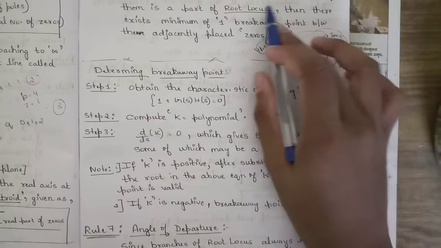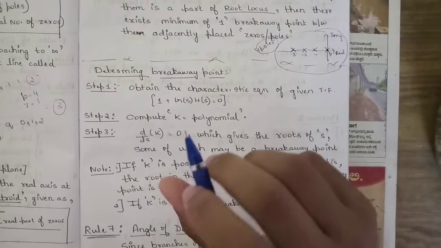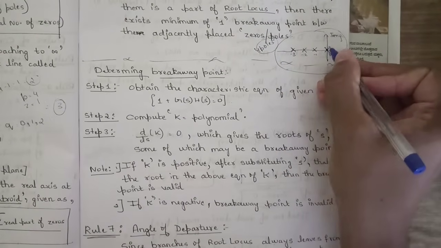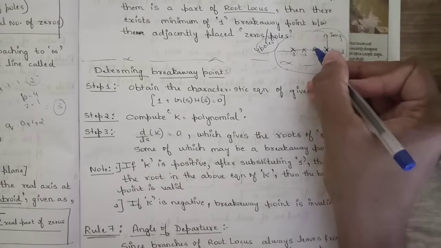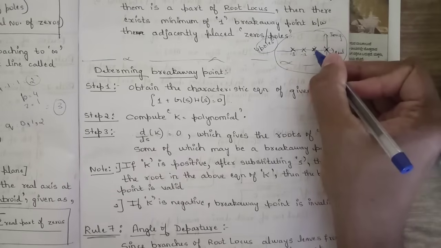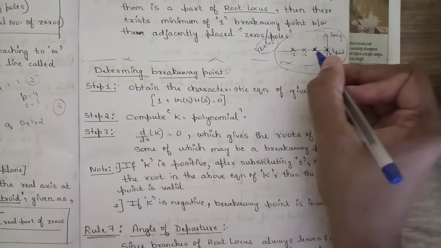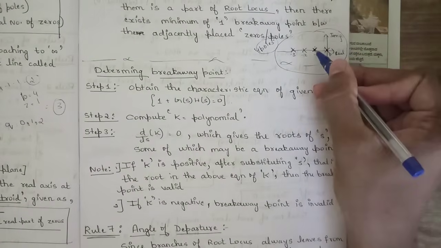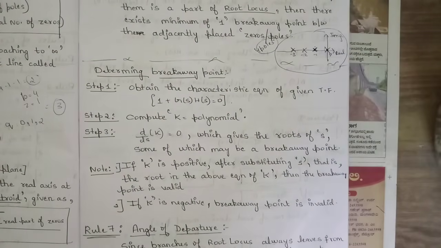Now, how do we check the section that is part of the root locus? From here we have one pole at 0, and from minus 1 I have drawn the real axis. If we look from this point to the right side of the real axis, we see only one pole, that is, an odd number of poles.